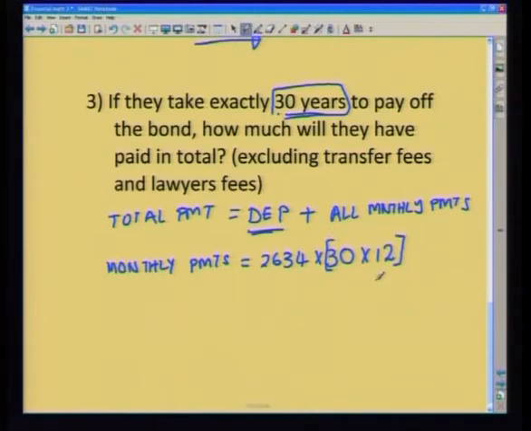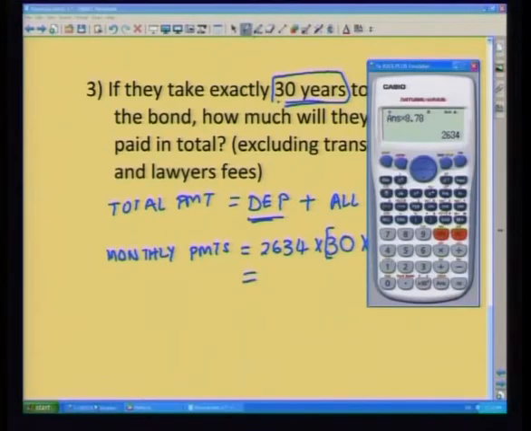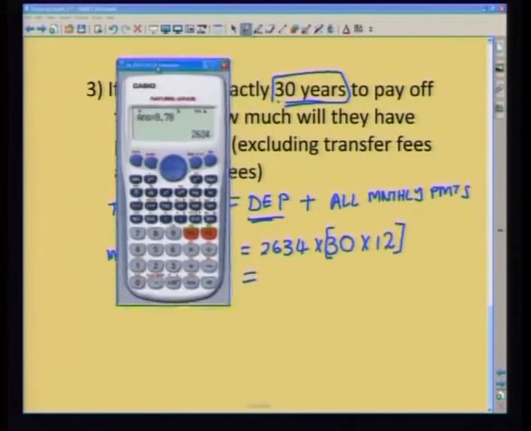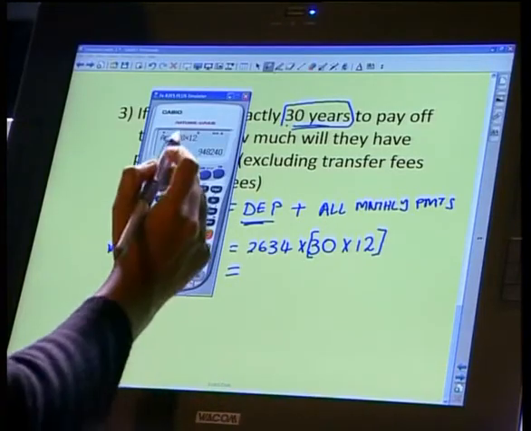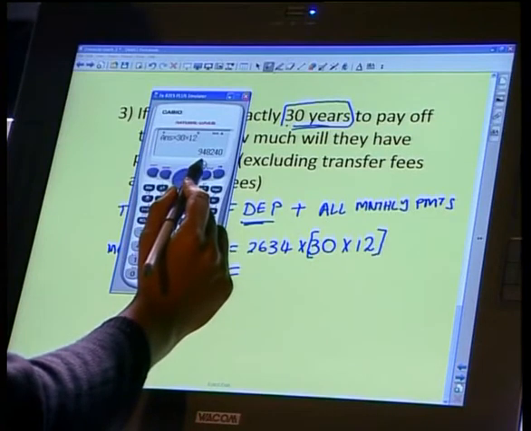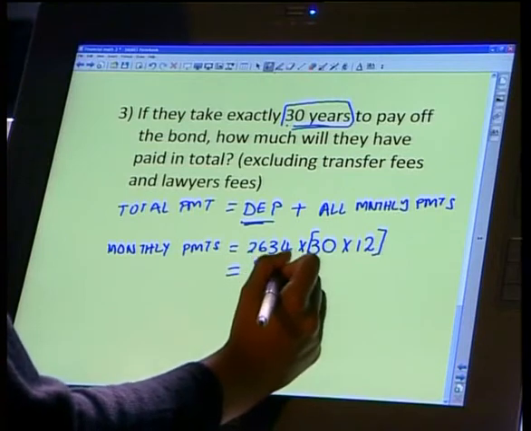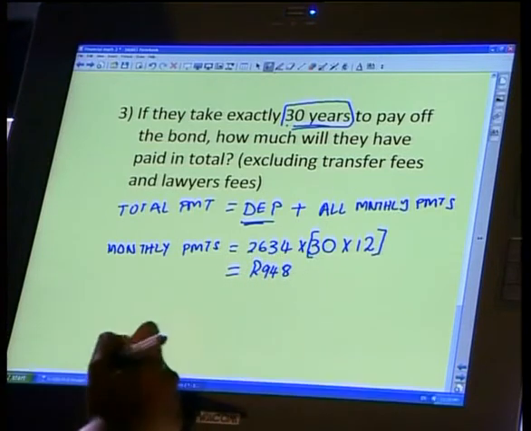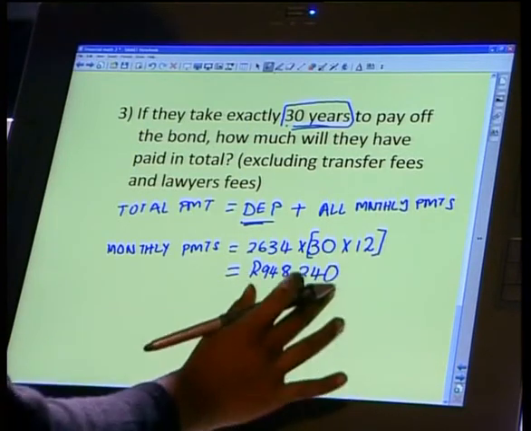So 30 years, 12 months, that's how many payments they're making. We times that by the amount every month that they pay. And let's see what we get. So it's 2,634 times 30 times 12. And that gives us an answer of 948,240 Rand. So that's the total monthly payments.